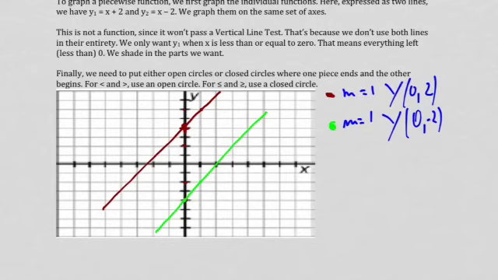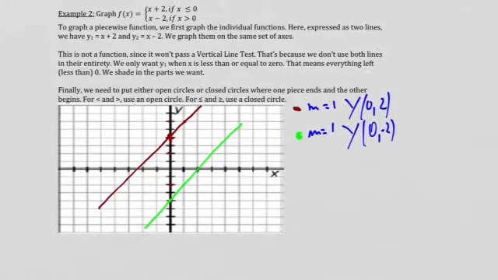But the point is, these two lines exist only depending on the constraint. So the first one exists only when x is less than or equal to 0. So I'm going to erase up to here.